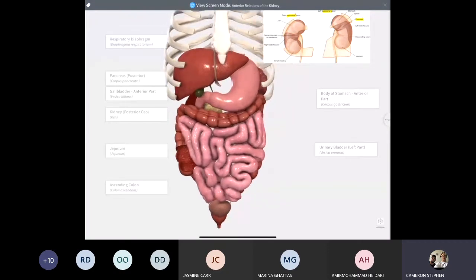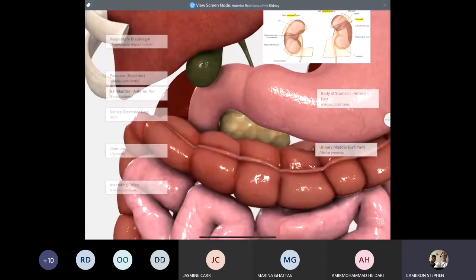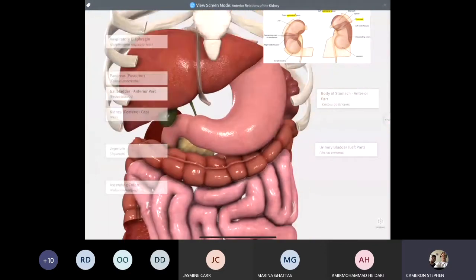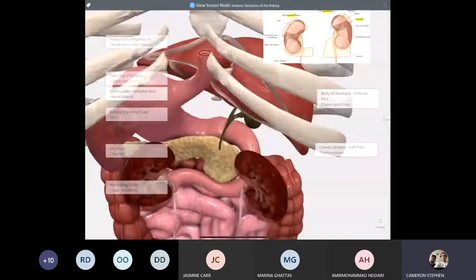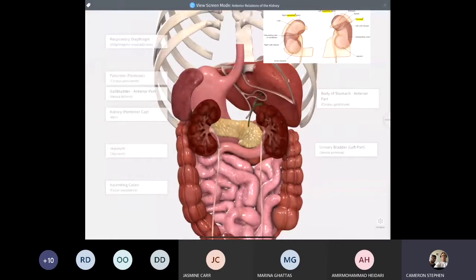The stomach covering quite a lot of the left hand kidney, and then as the stomach moves towards the intestine, we have the duodenum, which is this curved structure here where it comes down and then it starts into the small intestine, really. The stomach covering the left kidney and the duodenum covering the right, as you can see from there.